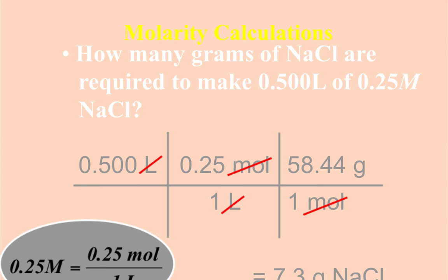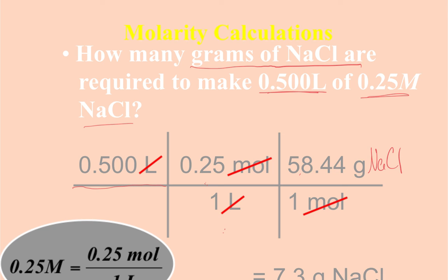So here in my sample problem, I want to know how many grams of sodium chloride are going to be required to make this 0.5 liter solution of 0.25 molar sodium chloride. I'm going to start off with my liters here, and for every 1 liter, I know I need 0.25 moles. And for every 1 mole, I know I need 58.4 grams of sodium chloride.